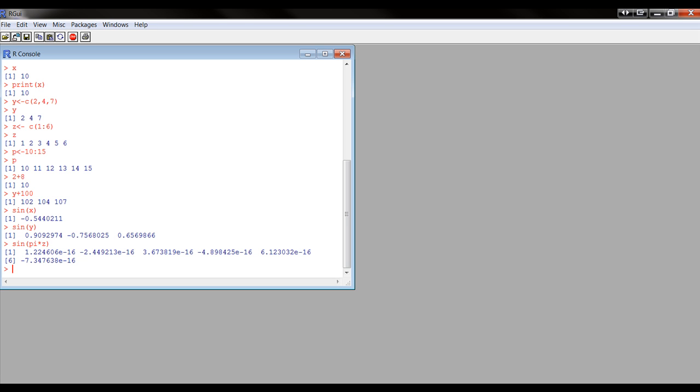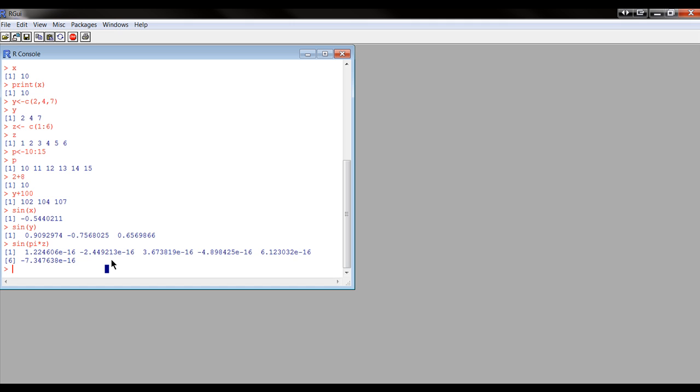Except, does it work? Sine of 2Z, yeah, that's not so easy to see. These are actually all supposedly zeros, which is right. The sine of any multiple of pi is 0. Let's try cosine. They should be close to 1 if we do cosine.